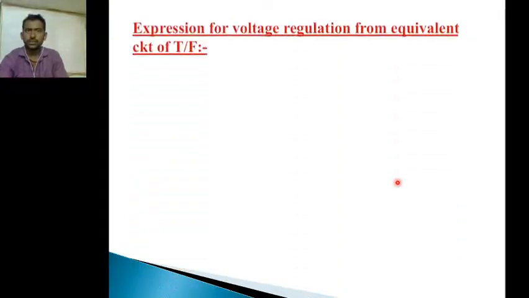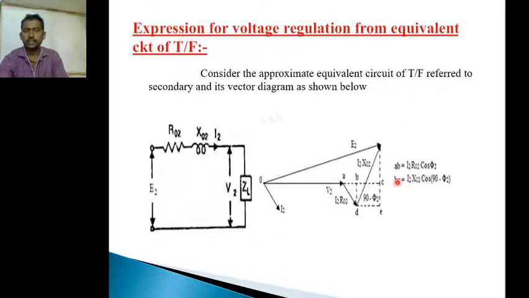So what is the expression for the voltage regulation from the equivalent circuit? This is the equivalent circuit of the transformer from the secondary side. This one is E2, and these are the copper conductor parameters, that means R02 and X02, and this is the load.